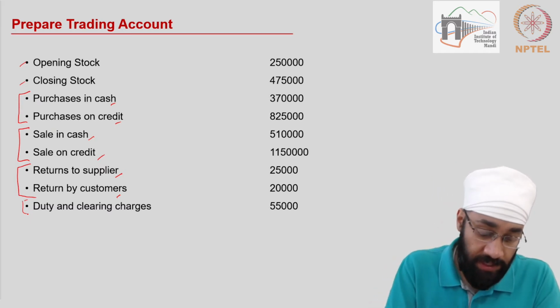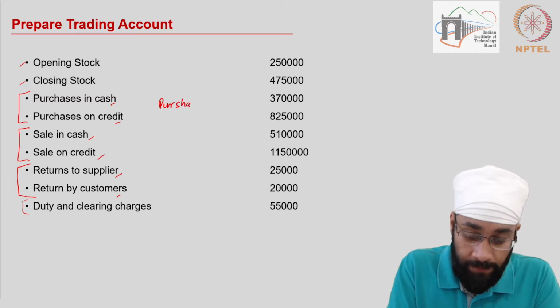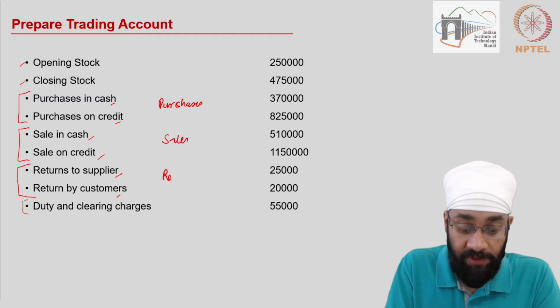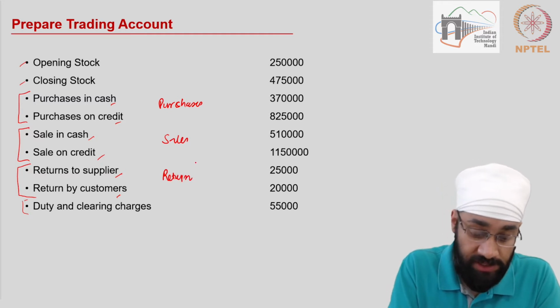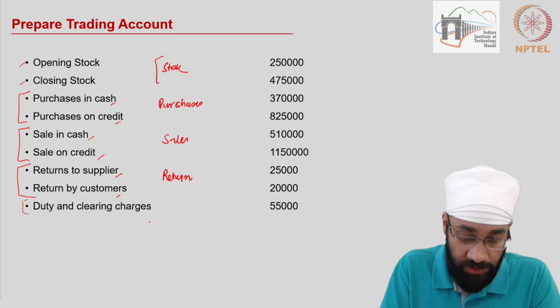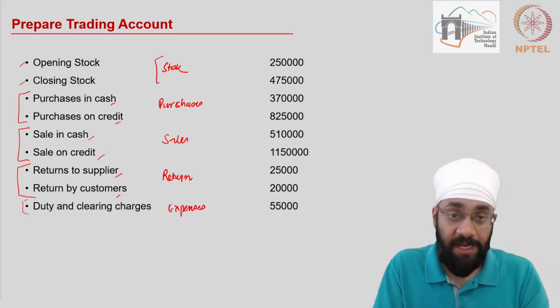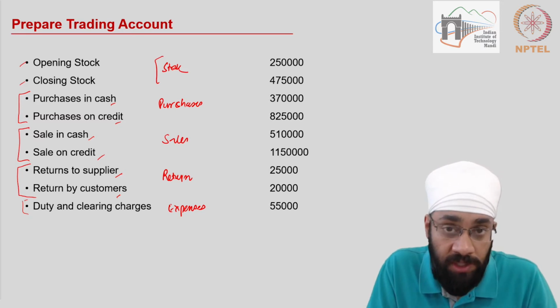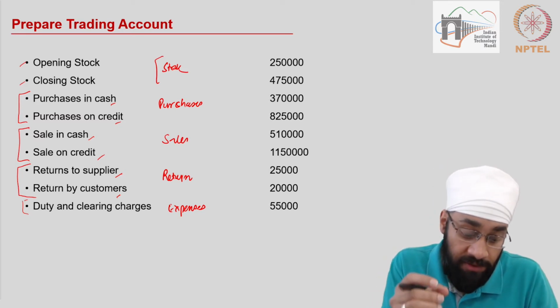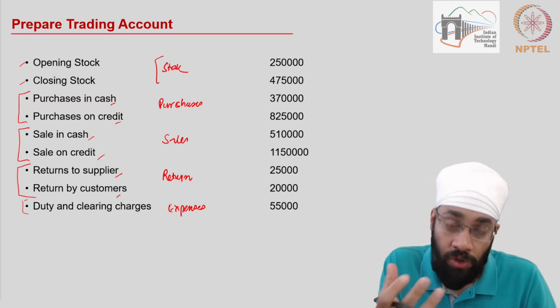So basically you have purchases, you have sales, you have returns of both purchase and sale, and then there is stock information which is given to you, and there are some expenses. So it seems like all the items on the screen are related to the trading account, the first section where we calculate the gross profit.